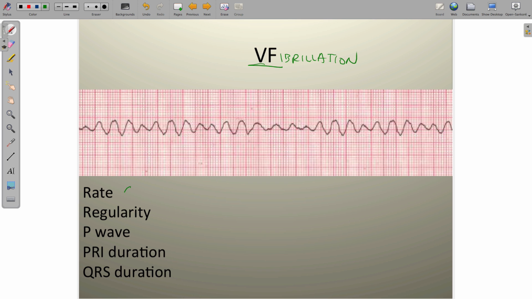The rate here is not measurable, meaning that there are no QRS complexes, but the rate in VFib is somewhere around the 320 to 600 per minute mark, same as AFib. Regularity, absolutely none. No P waves, no PR duration, no QRS. There's absolutely no rhyme or reason and no regularity to this whatsoever. This is called ventricular fibrillation. All right, I think that's all that needs to be said about that one.